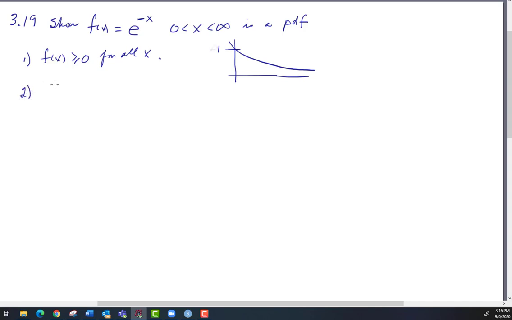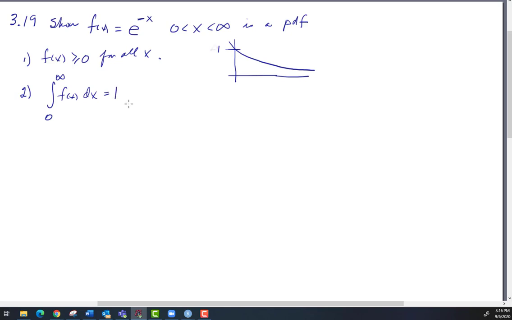And 2, I have to show that the integral over the domain, so the domain here is 0 to infinity, of f of x dx is equal to 1.